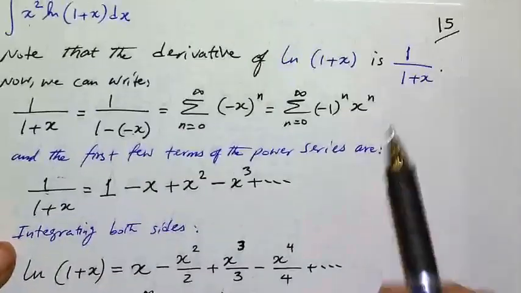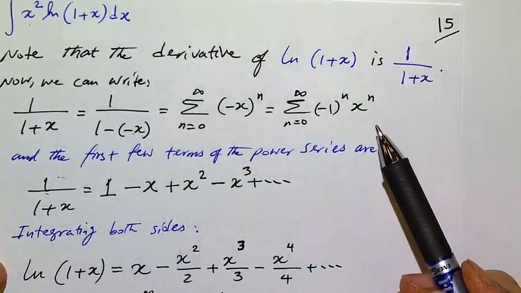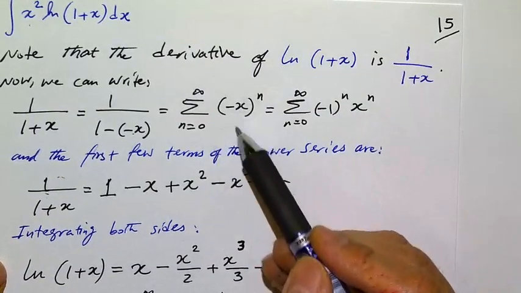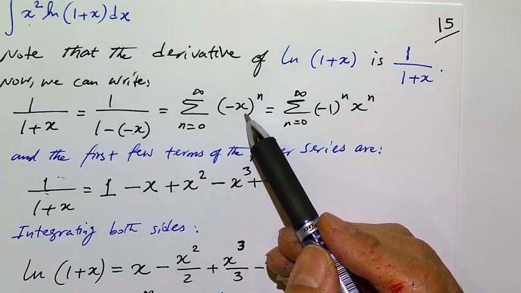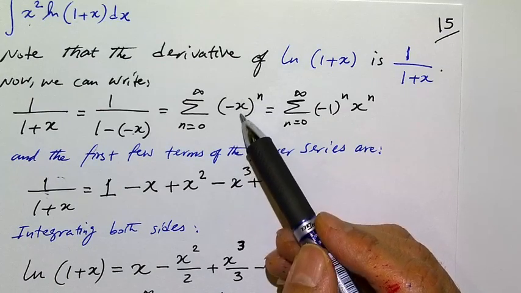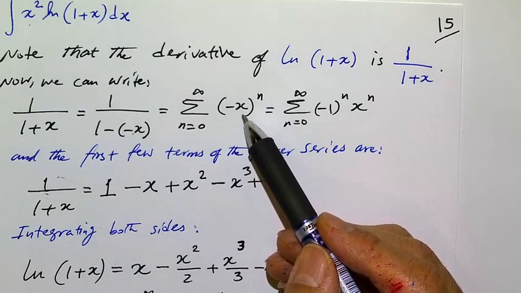Okay, and it all comes from here. Absolute value of negative x less than 1 is the same thing as saying absolute value of x less than 1, which means the radius of convergence is equal to 1.